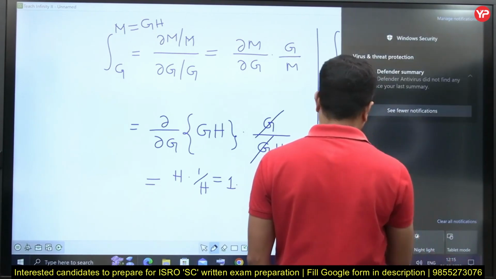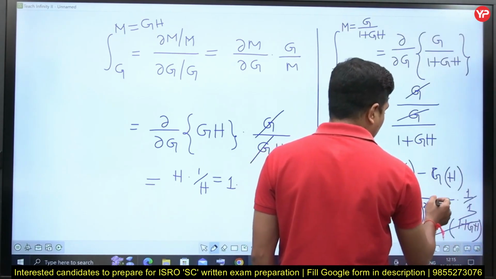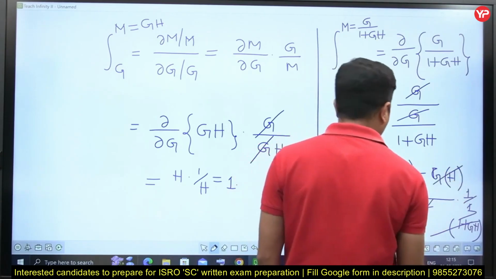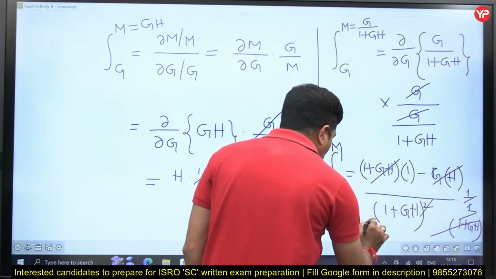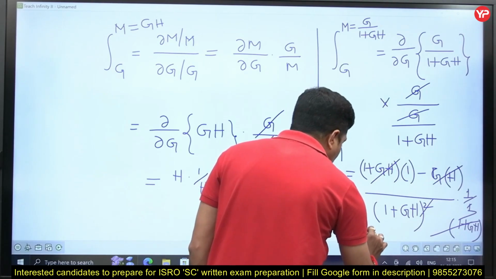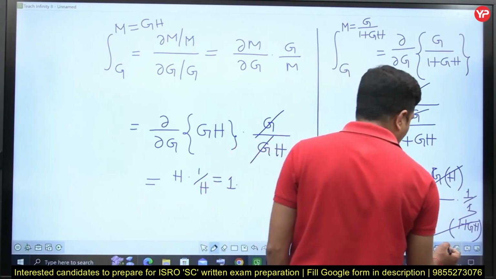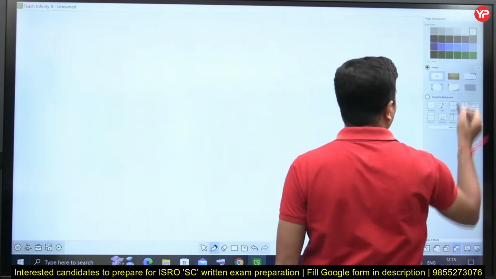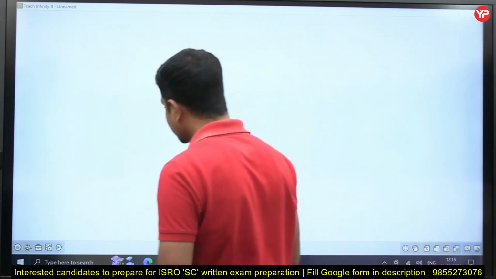This (1 plus GH) gone, so this GH gone. You will get this one as 1 by (1 plus GH). Observe it carefully here.